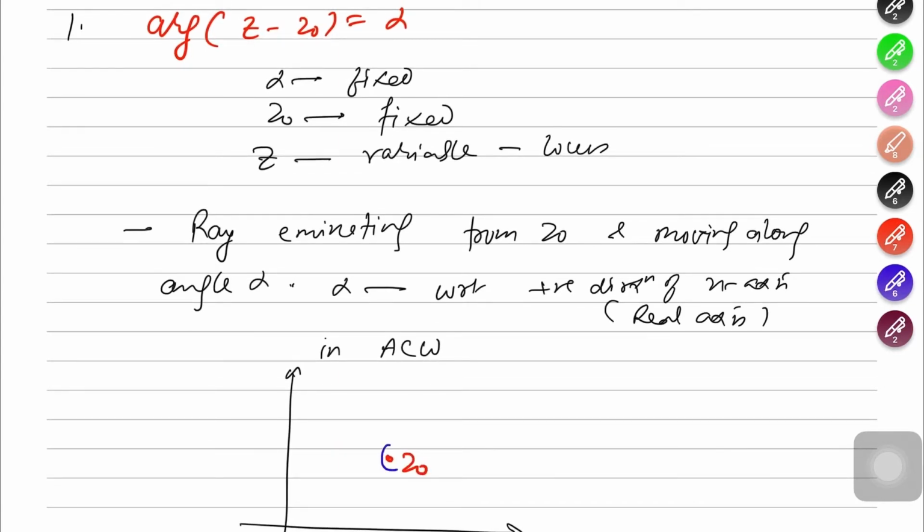This is a ray, this is the locus of z, and the angle is with respect to the positive direction of the x-axis along the anti-clockwise direction. That is the locus of z.